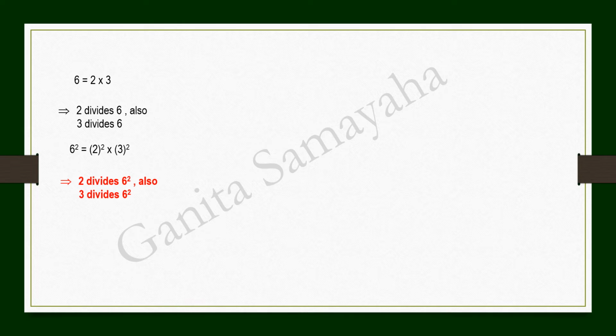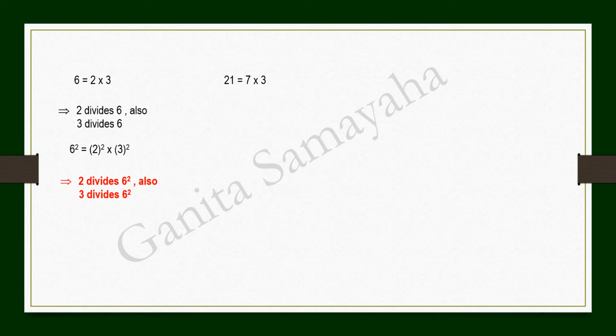Now, what is 6 squared, children? 6 squared is equal to 2 into 3 whole squared, which is nothing but 2 squared into 3 squared, isn't it? So, when you square the left hand side, you have to square the right hand side. So, this indicates that 2 divides 6 squared also, and 3 divides 6 squared also. That is the meaning of this.